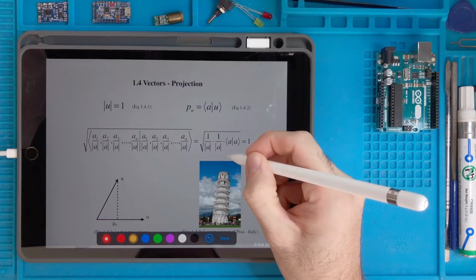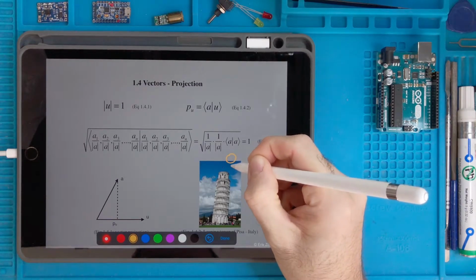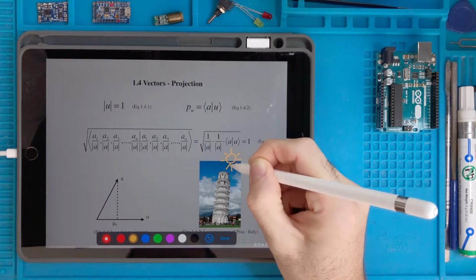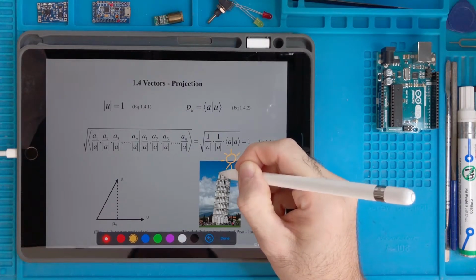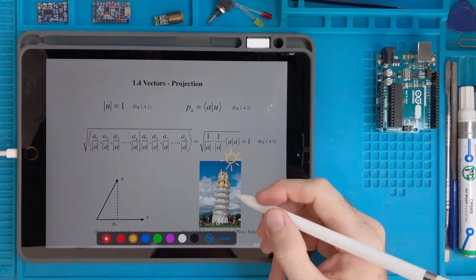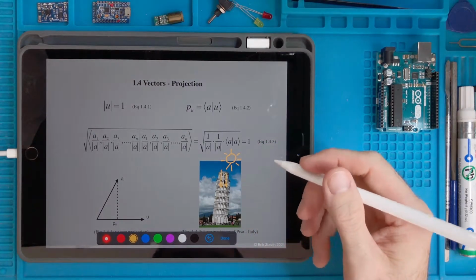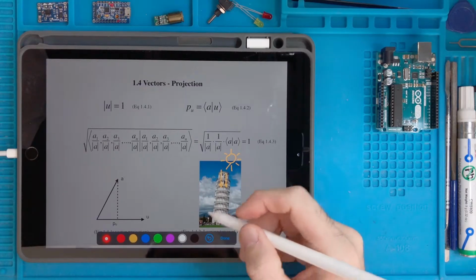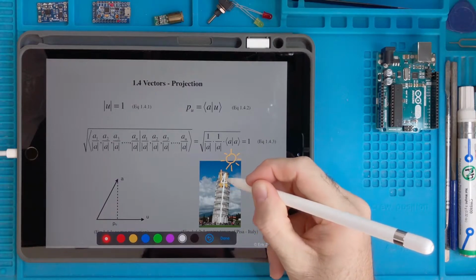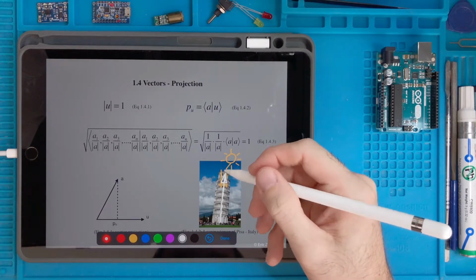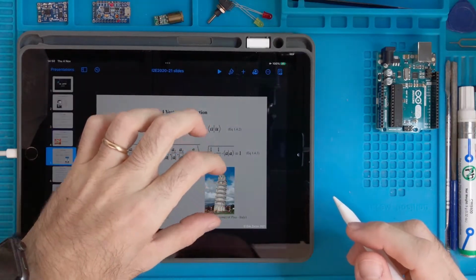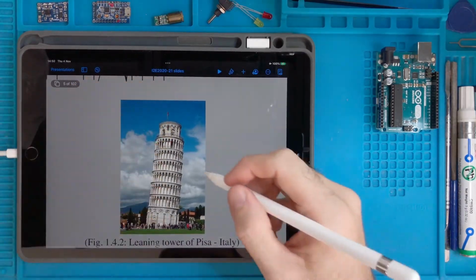So let's say here you have the sun, which is illuminating this tower here. This is the Leaning Tower of Pisa. So let's say it's a vector like this. Now it's not leaning enough, so I can probably magnify it like this.